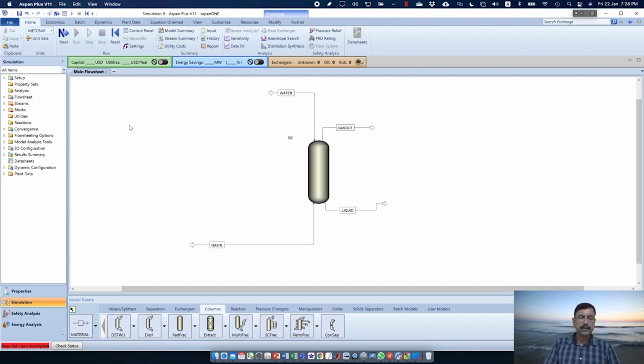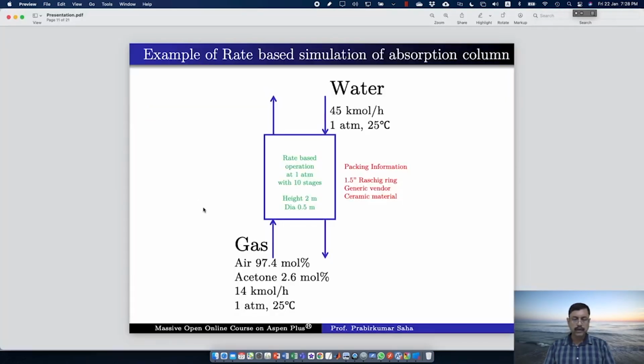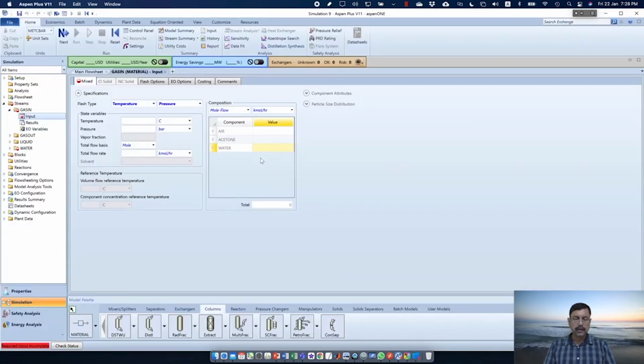Now press next. It is asking for inputs for gas in. We know it is air and acetone, 0.974 and 0.026.